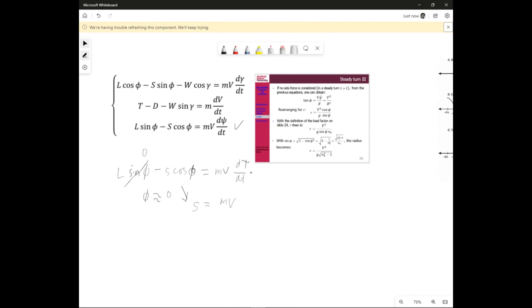Now I'm going to change that d psi/dt into psi dot, right? So rearranging the equation, psi dot becomes S divided by mV. Okay, so that is what you have seen on that slide.